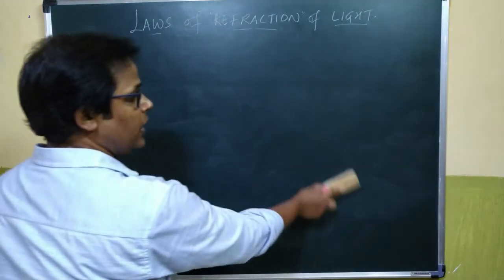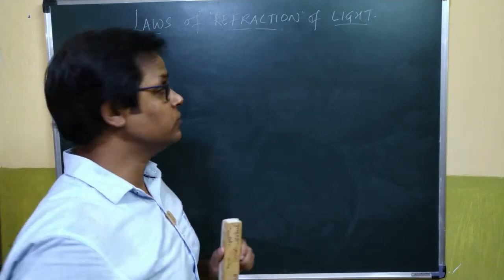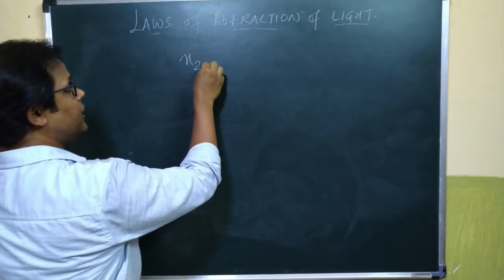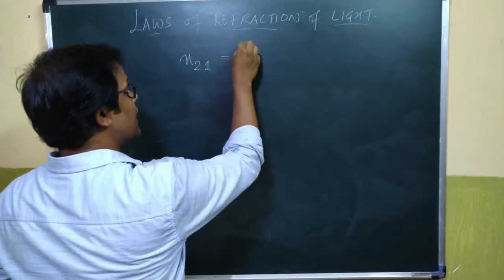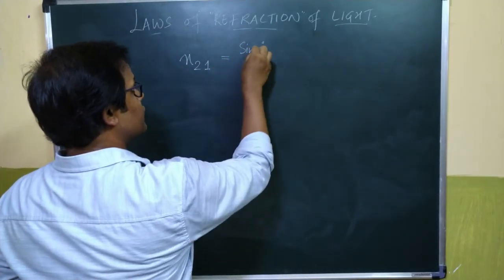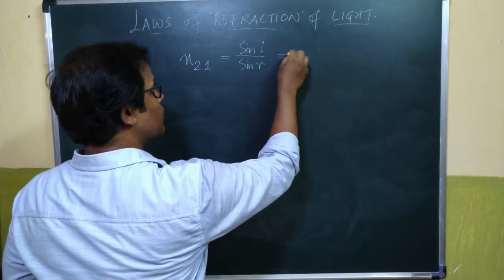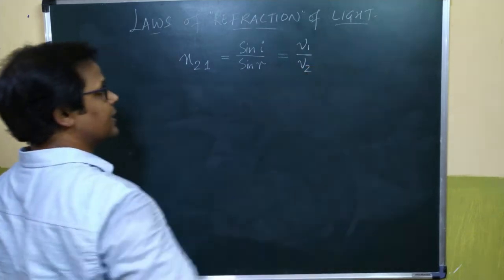So now we have absolute clarity. I hope so. The refractive index of medium 2 with respect to medium 1 could have been calculated as sine of angle of incidence by sine of angle of refraction, or could also have been calculated as speed of light in the first medium by speed of light in the second medium.